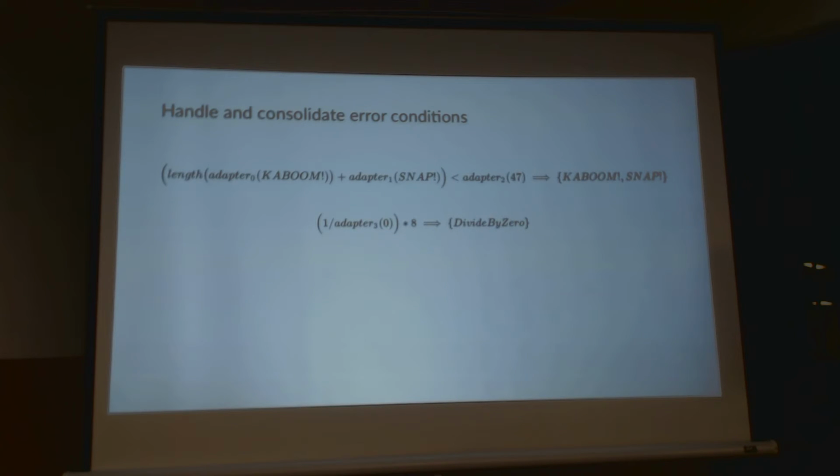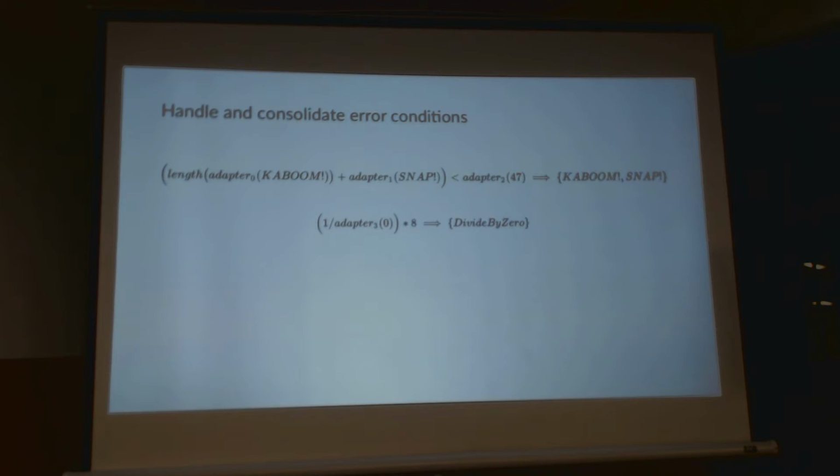Now, we also have to handle error conditions. Once again, adapters are retrieving data from various sources, and they could blow up in many surprising ways. Adapter 0 is throwing an error, adapter 1 is too, and adapter 2 is behaving, but it doesn't really matter because when you're composing this expression together, a few of the sources are returning errors.